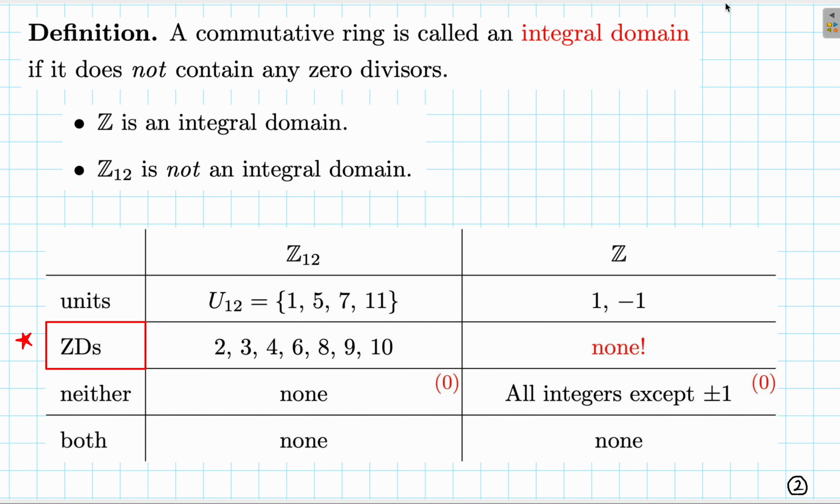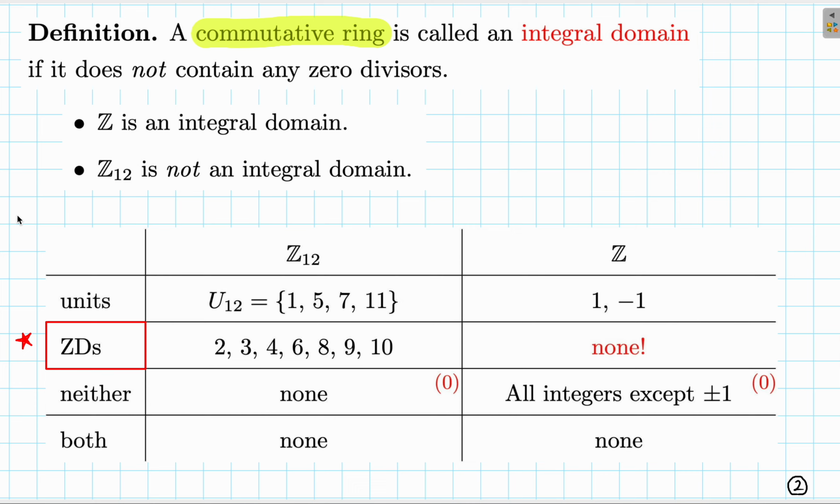Now here's a new definition, but even before we get to it, I'd like to highlight this phrase, commutative ring. Recall that in any ring, addition must be commutative. A plus B must equal B plus A, and that's built into the definition of a ring. However, multiplication does not have to be commutative in a ring.